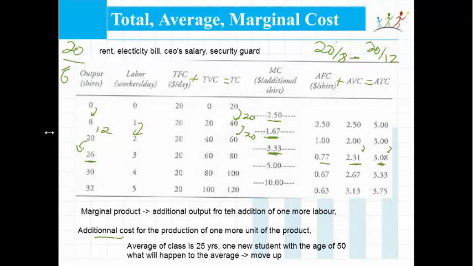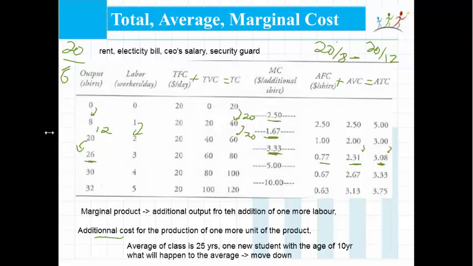Similarly, if I add one new student with the age of 10 years, then what will happen to the average? The average will move down from 25.